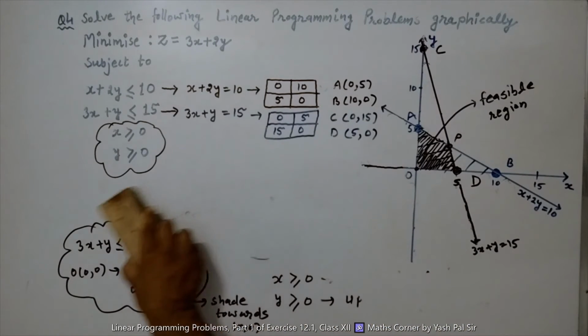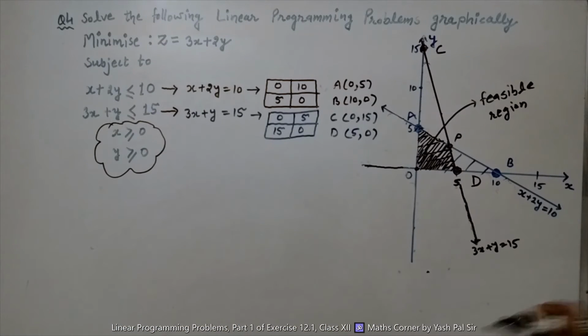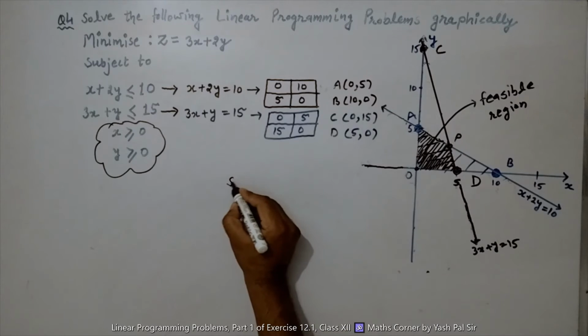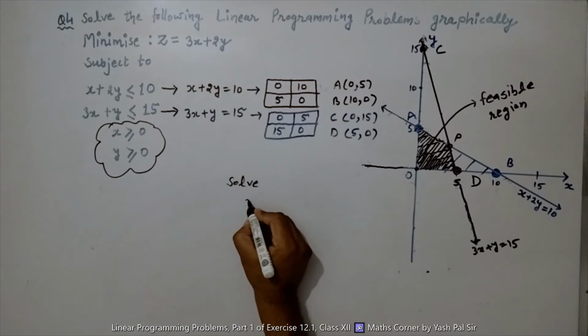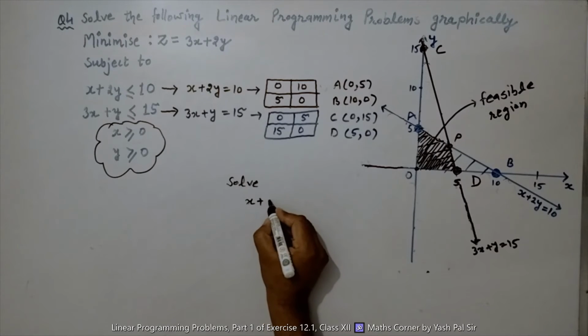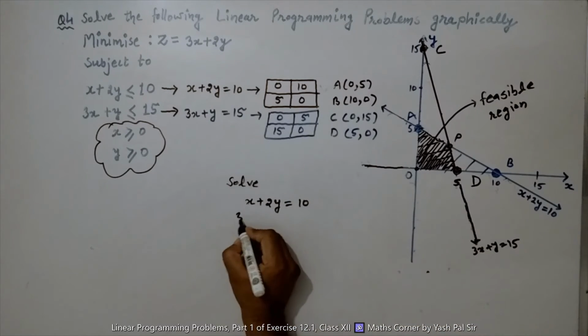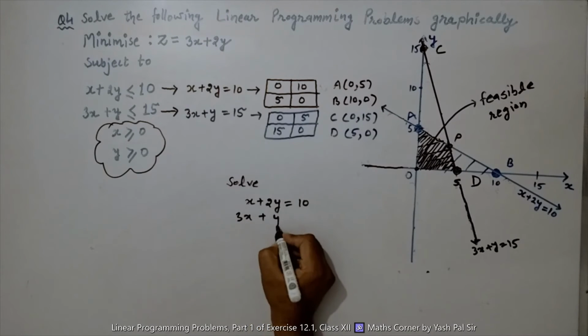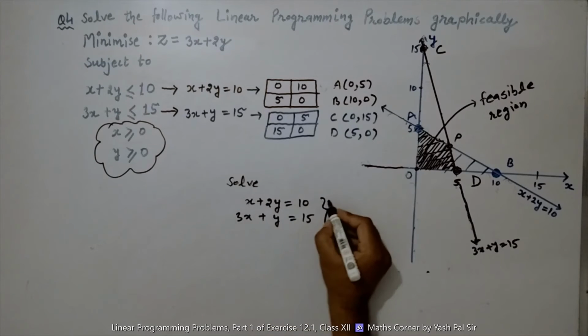So for this purpose we solve x plus 2y is equal to 10, 3x plus y is equal to 15.